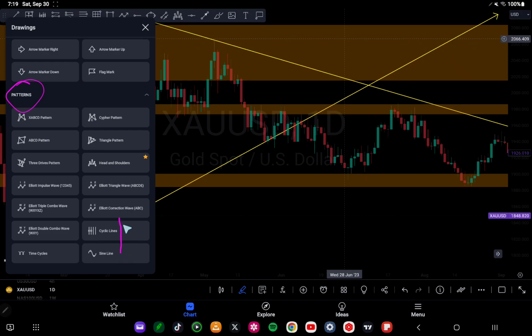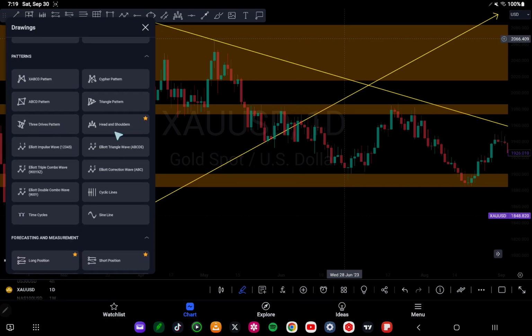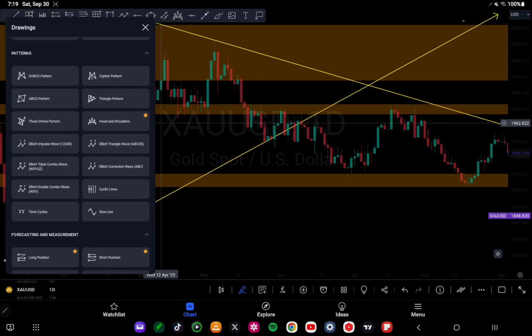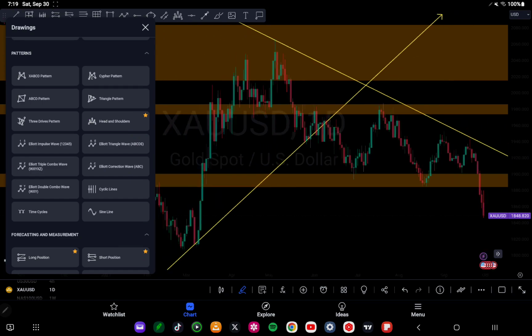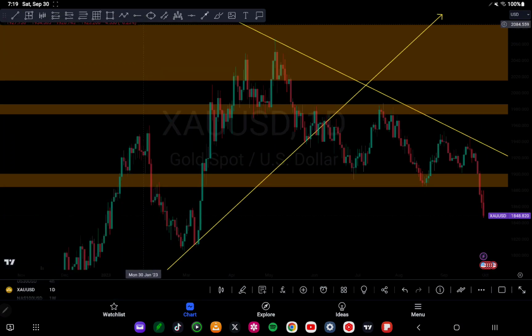Head and shoulders is one of the ones I use, but a lot of people use different ones. Most of the time I just use the W and M patterns to analyze. Once in a while I see head and shoulders.